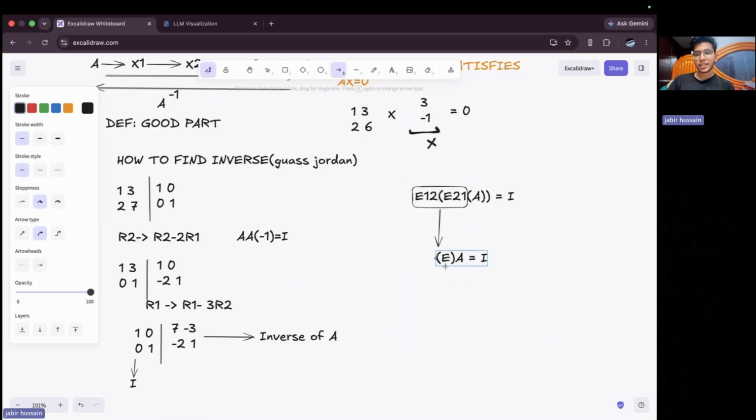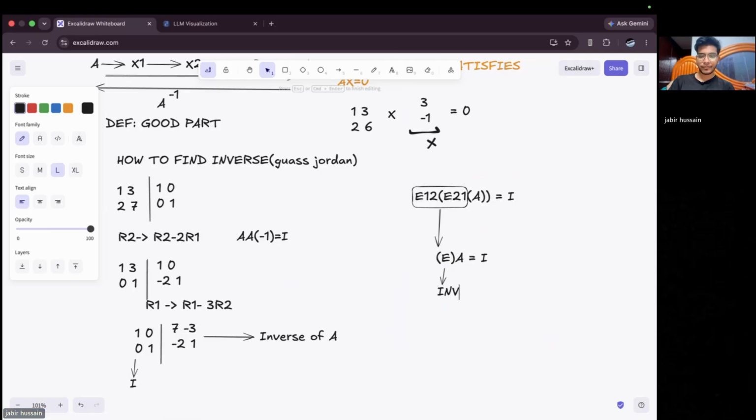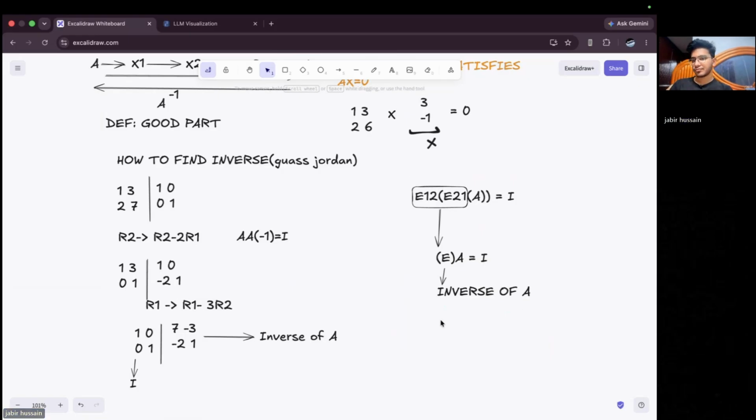E must be the inverse matrix. E must be the inverse of A. Basically we are just using mathematical terminology: we are doing operations and observing that E must be the inverse of A. That's it, right?